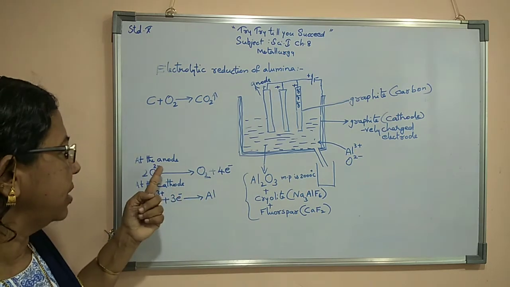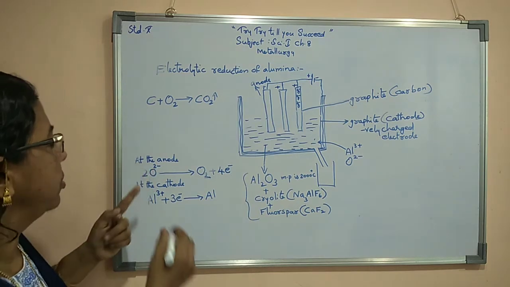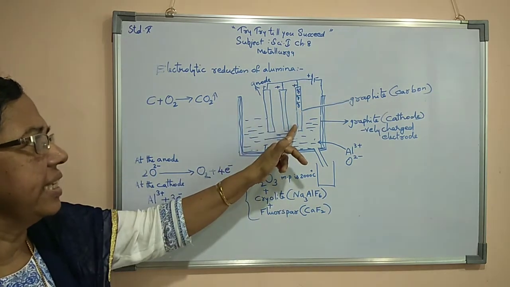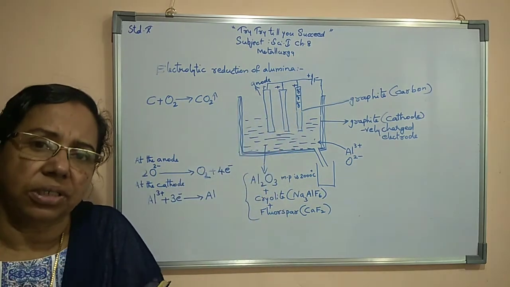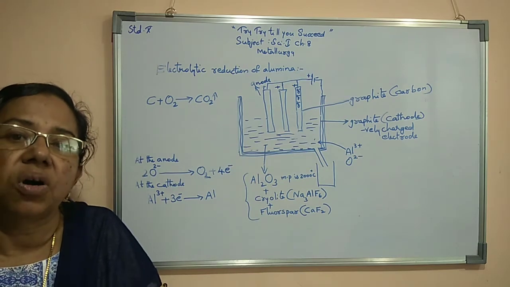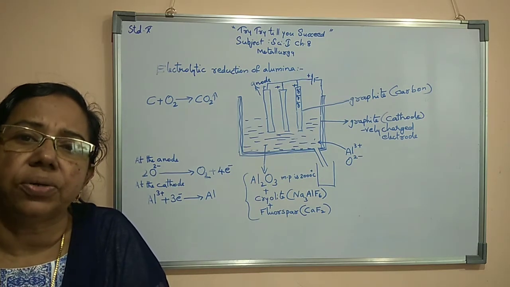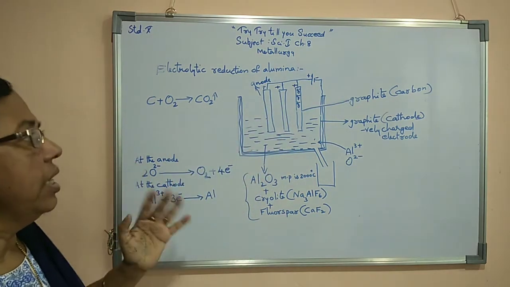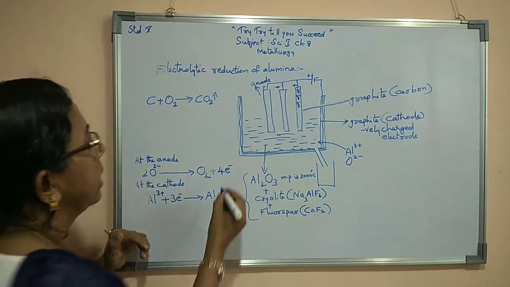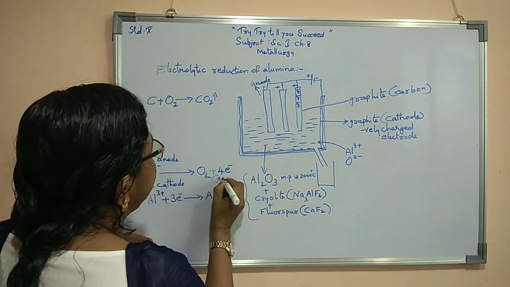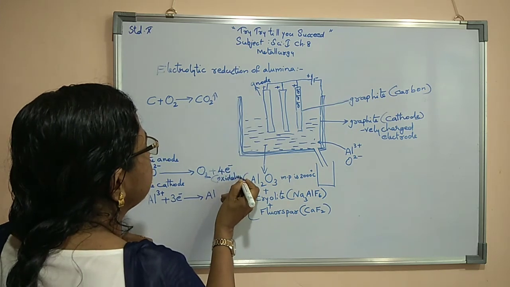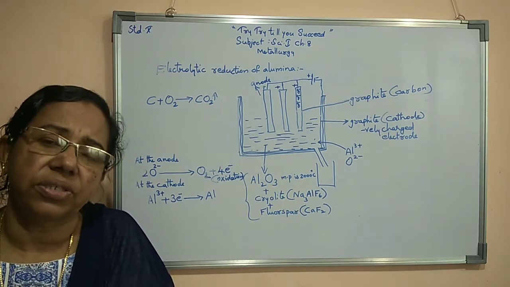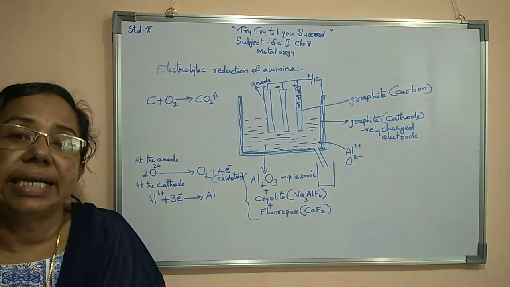Whatever number of electrons it has, that will be removed. Here we have already studied that at the anode, removal of electrons takes place. Then it becomes an oxygen atom. Again oxygen atoms join together and an oxygen molecule forms. So at the anode, removal of electrons takes place, and this reaction is known as an oxidation reaction. Oxide ions remove their excess electrons, so this process is known as an oxidation reaction.